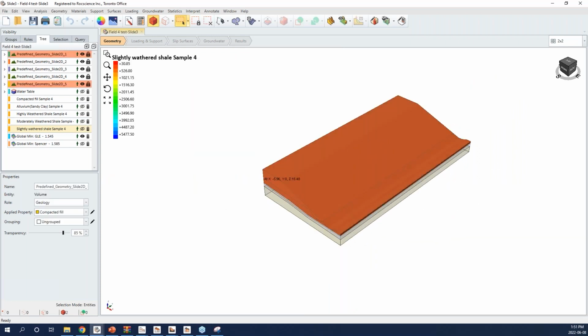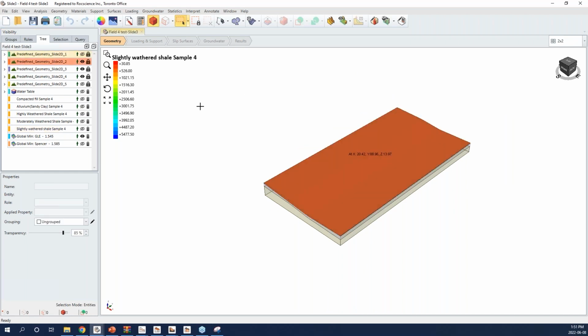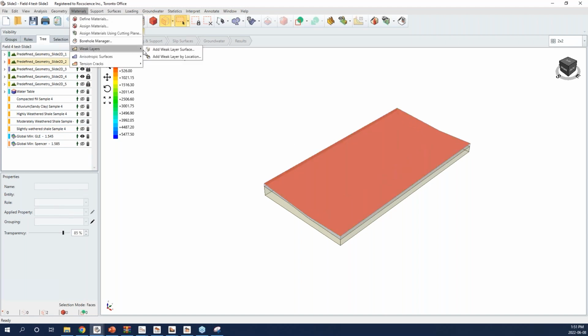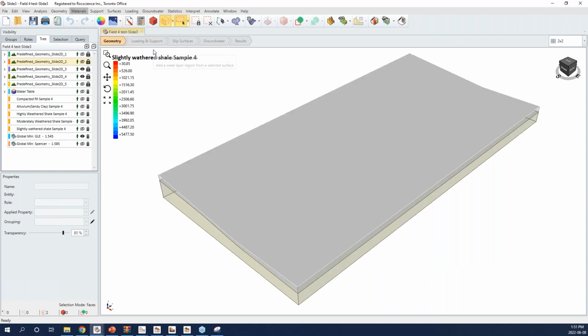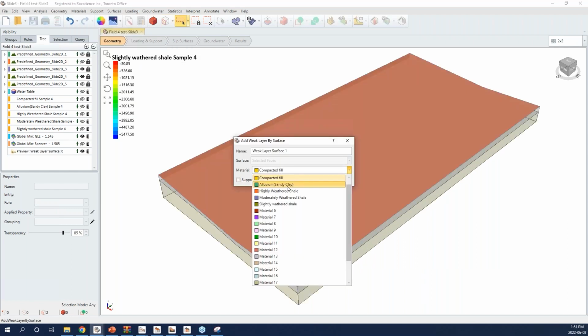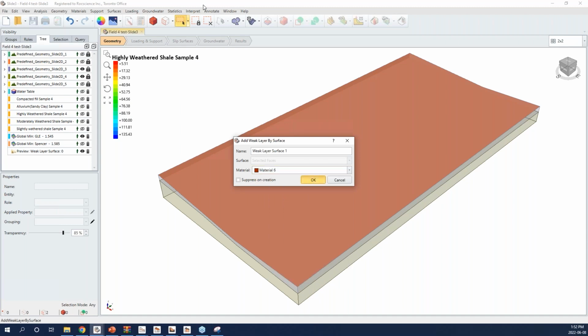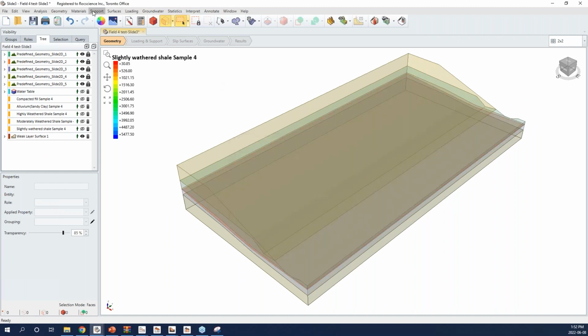So I'm going to hide these layers, including the weak layer. I'm going to select the surface below the weak layer and use this option as weak layer surface. So the software is going to define this layer as a weak layer. I'll go with material 6 because I want to define a new material for the weak layer.